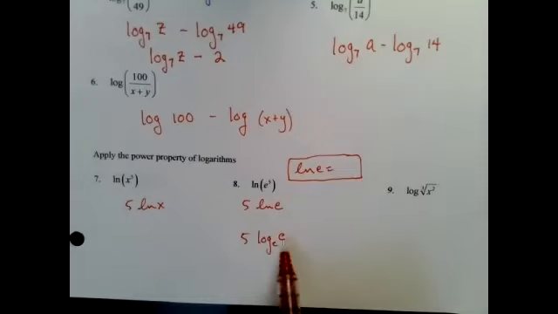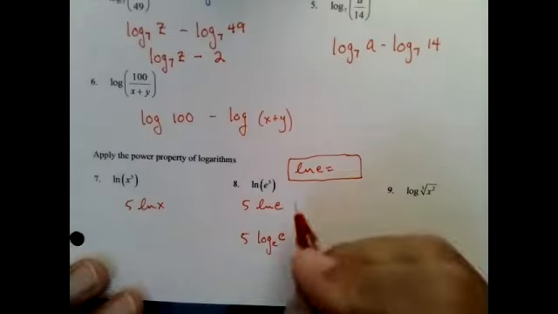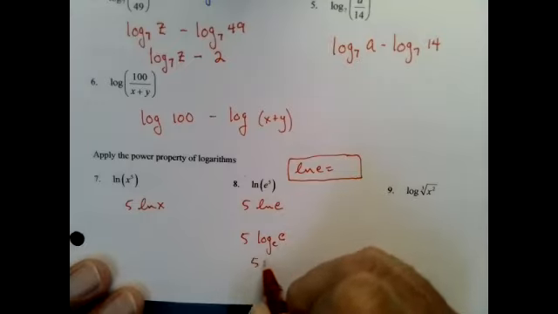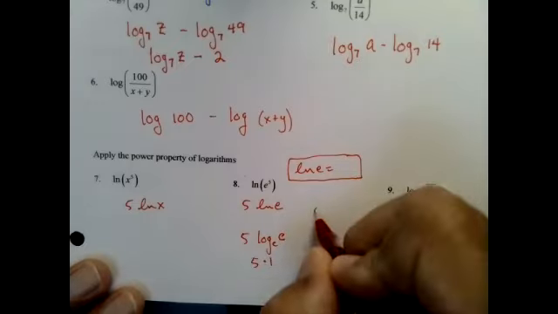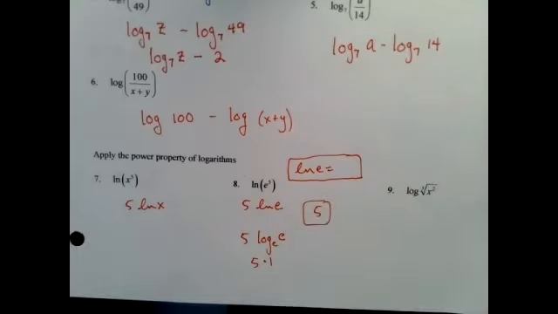E to the what power equals e. 3-letter word. 1. Yes. So this becomes 5 times 1. The answer here is just 5. Natural log of e is in fact 1.